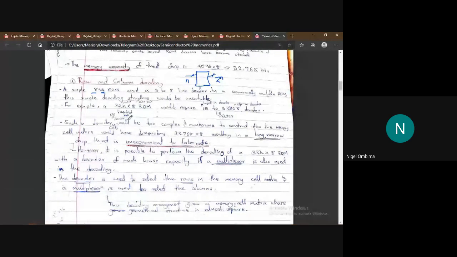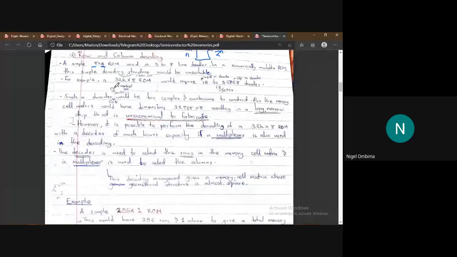So as we continue, we take 32K memory locations. That would require a 15 to 32,768 decoder to read data from the memory locations of the ROM. 32768 is obtained by multiplying 32 by 1024.